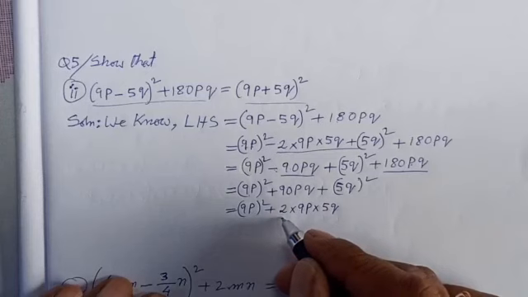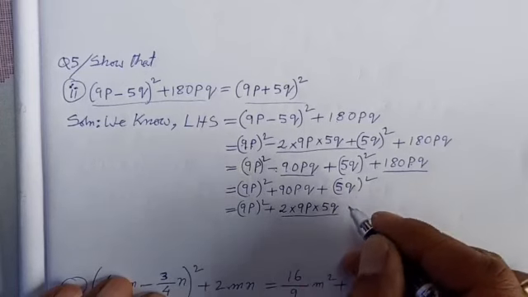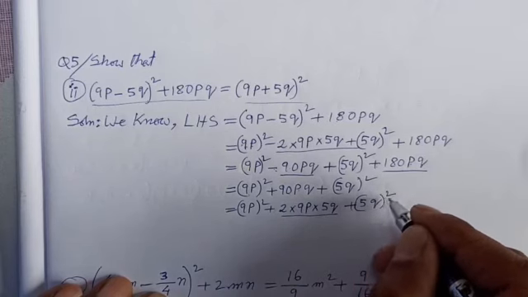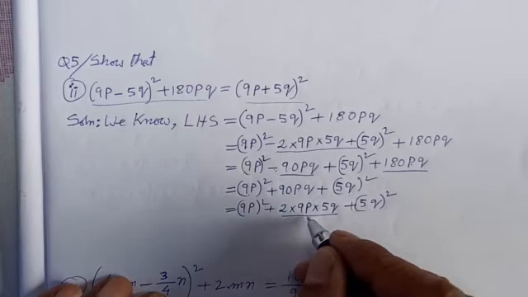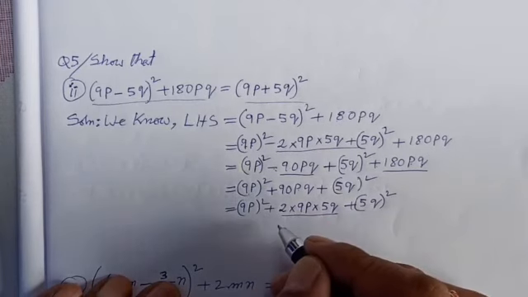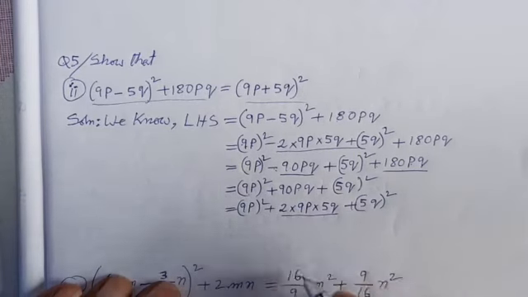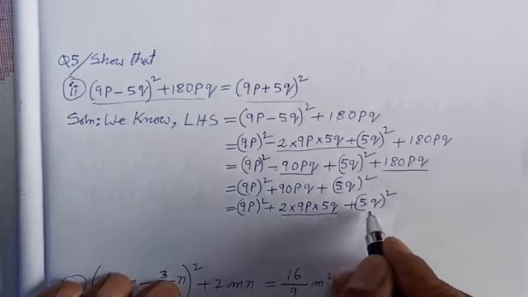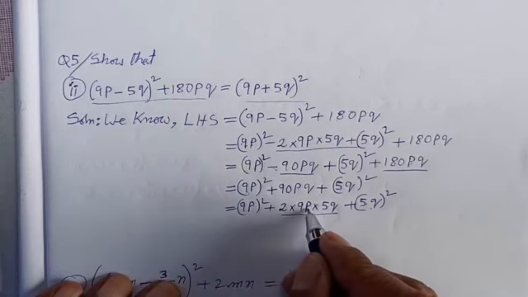If we multiply this, we will get 90pq plus 5q whole square. We are writing like this to apply identity number 1, A plus B whole square. Let us suppose this is A, this is B: A square plus twice AB plus B square.